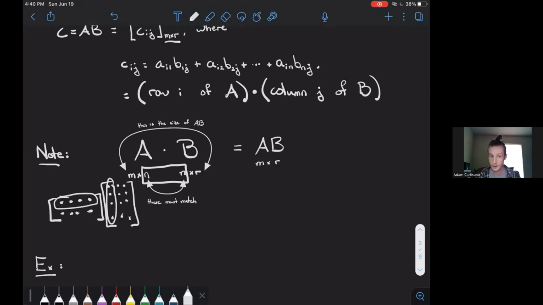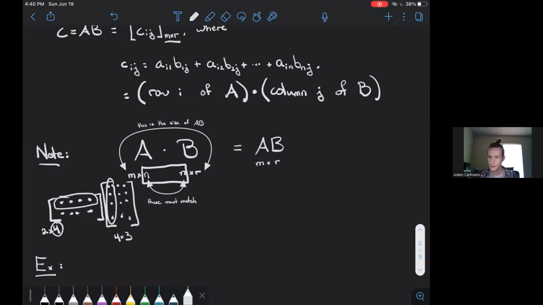And the number of times you do this dot product is once for each entry in the resulting matrix AB. So I've just drawn a 2 by 4 matrix, and then a 4 by 3 matrix.